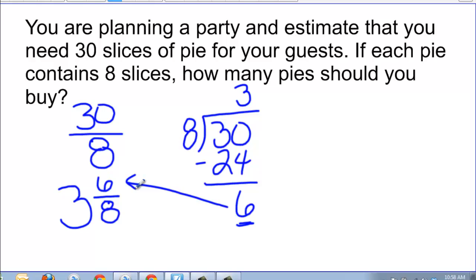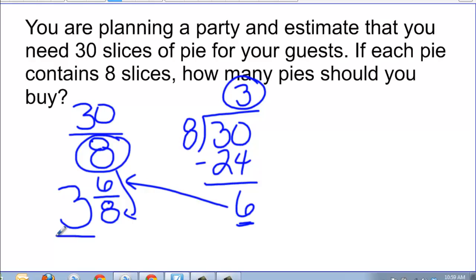I've taken my original denominator here, and that remains my denominator. And I've taken this whole number part, and that becomes the whole number over here. So you can see where all the numbers came from. I have 3 whole pies, and then I would have 6/8 left over.